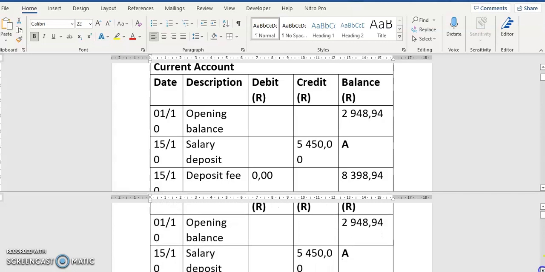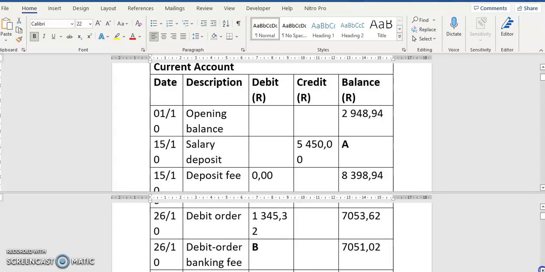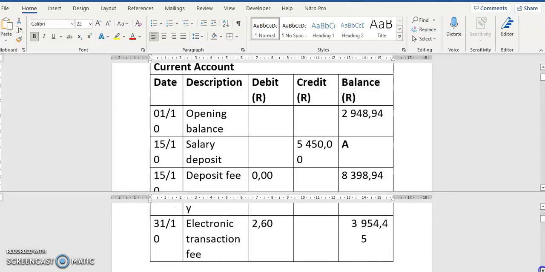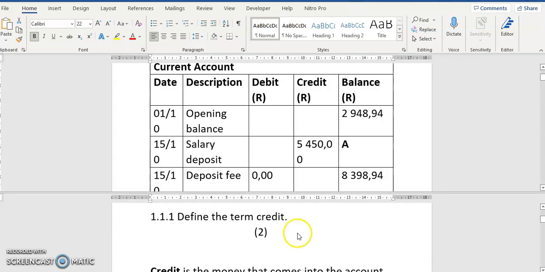So our first question is, define the term credit and debit.